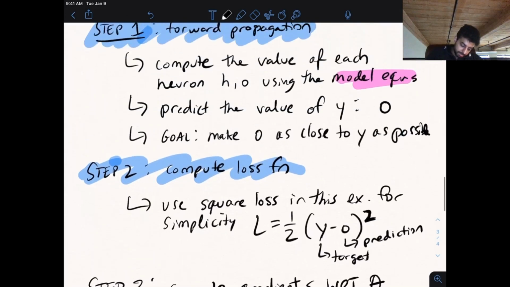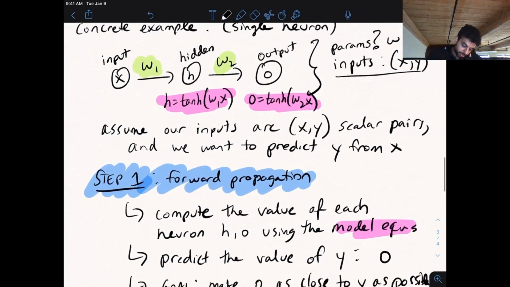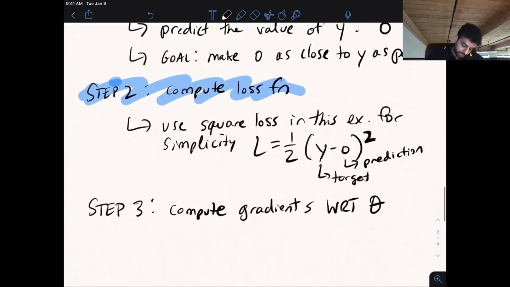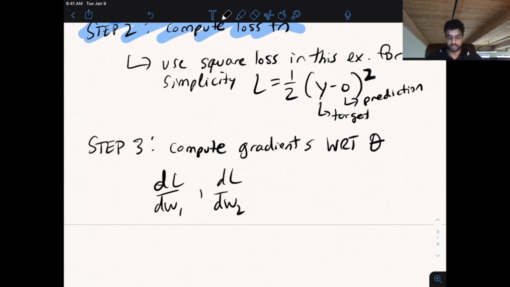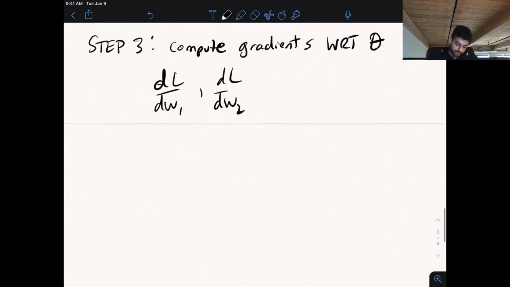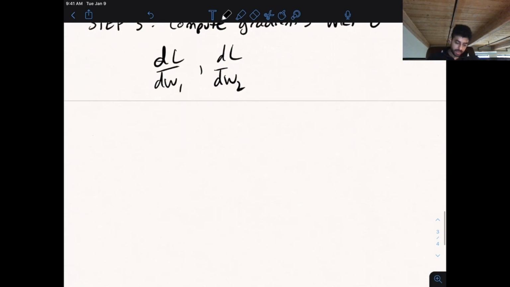In our example, we have just two parameters, w sub 1 and w sub 2. So all we want to do is compute dL/dw sub 1 and dL/dw sub 2. I want to compute these two partial derivatives. Let's start with the actual math portion.